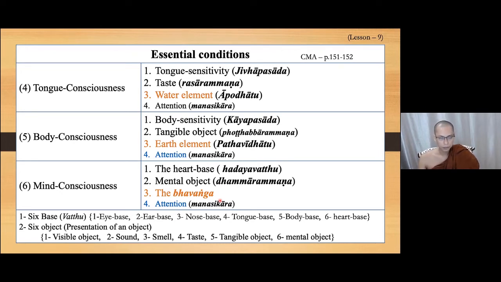But in other planes of existence, we can find both materiality and mentality. The heart base is an essential condition to arise the mind consciousness. So here mind consciousness is 76, and the others except the Dvipanca Vijnana.